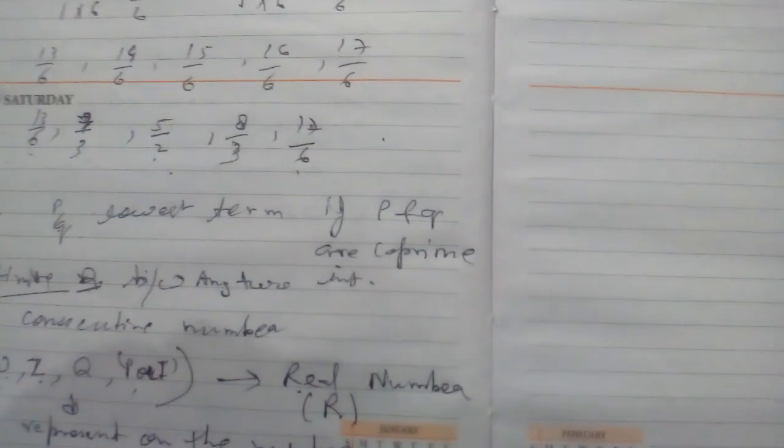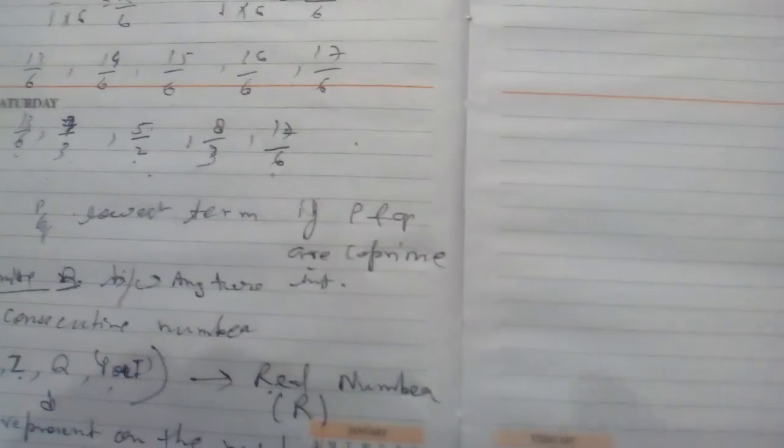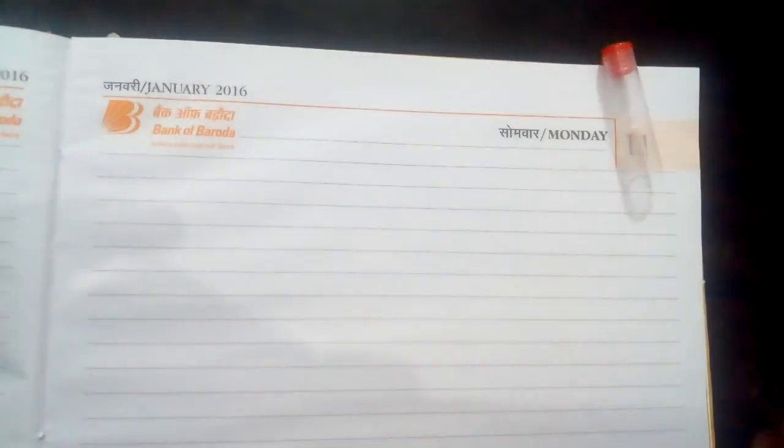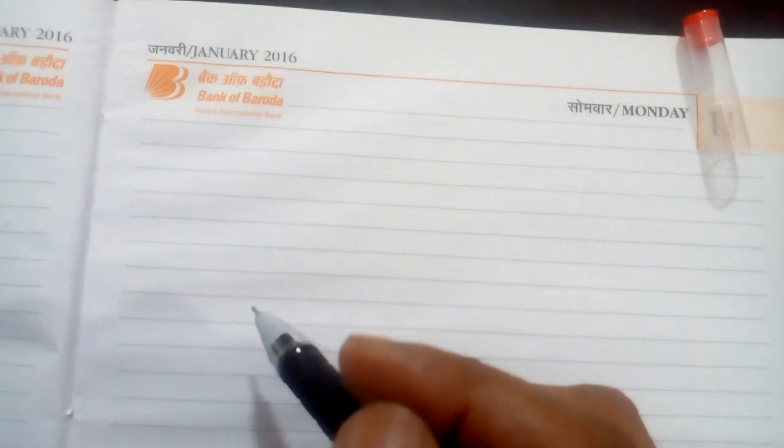Two numbers are given. It may be a fraction, it may be a simple number. So you can write many numbers by equivalent fractions.